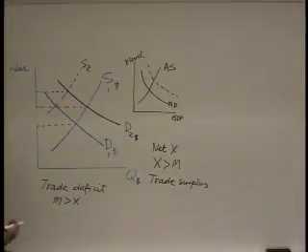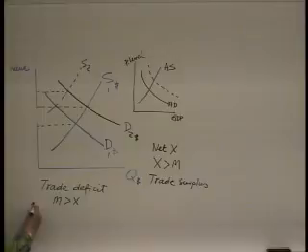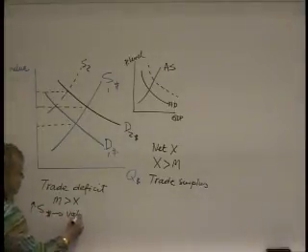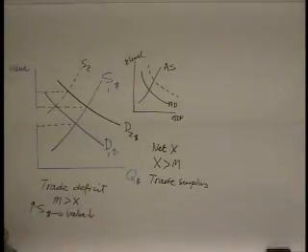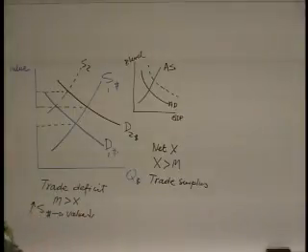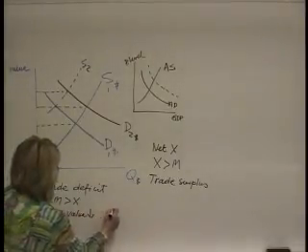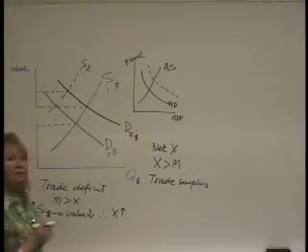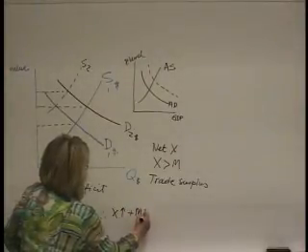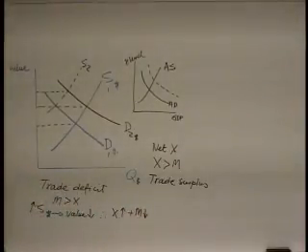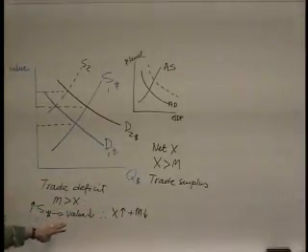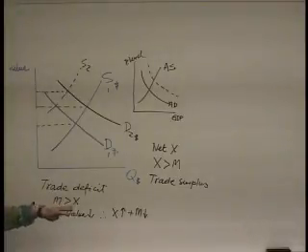Since we are importing, we are increasing the supply of dollars, which means that the value or the exchange rate is going down. And as the value of the currency goes down, exports should be going up because now our products are cheaper, and imports are going to be going down because those foreign goods are going to become more expensive, given that the value of the dollar is low. And that's what has been happening recently.